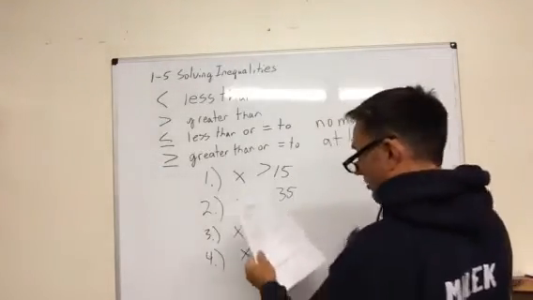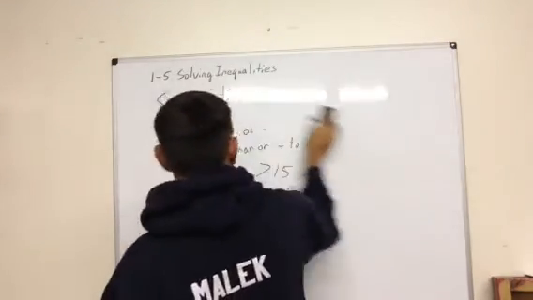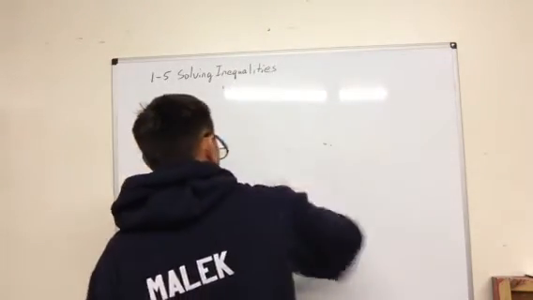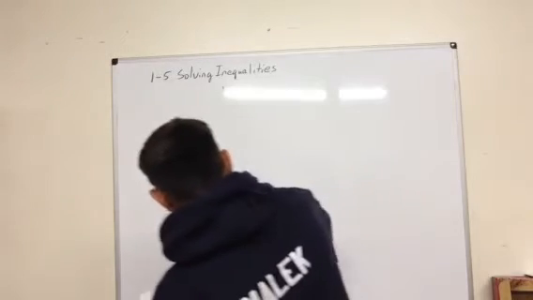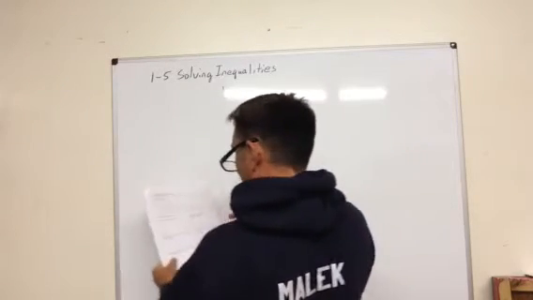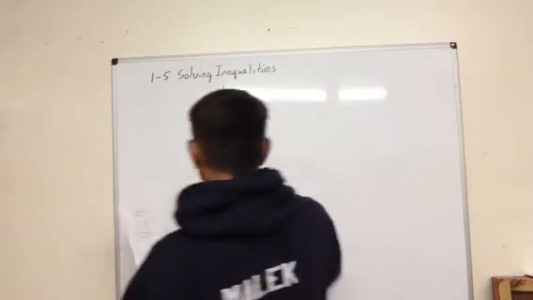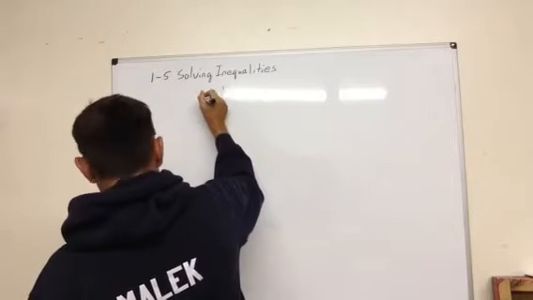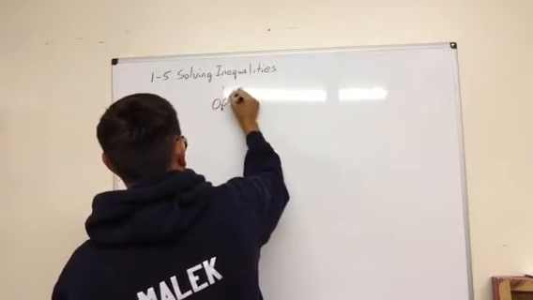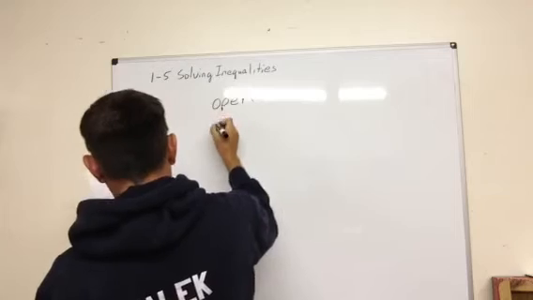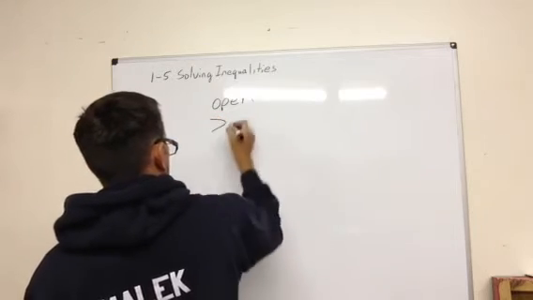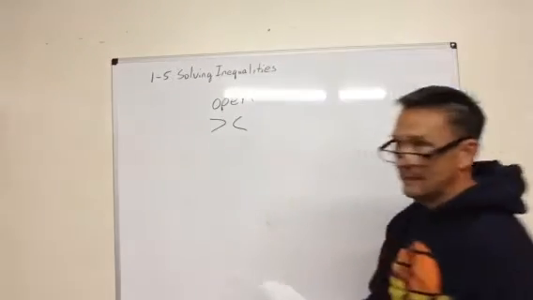So we jump up to part 2 where it says graphing. So it says, first of all, open circle versus closed circle. Now, it will be an open circle if it is a greater than sign or a less than sign.